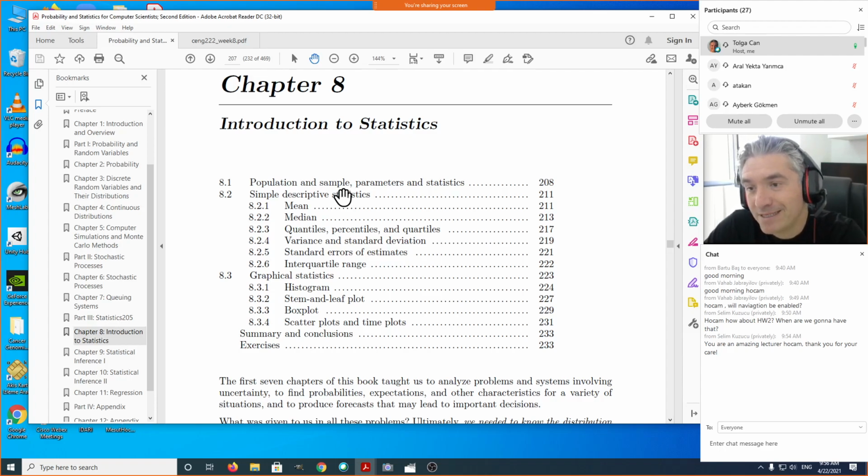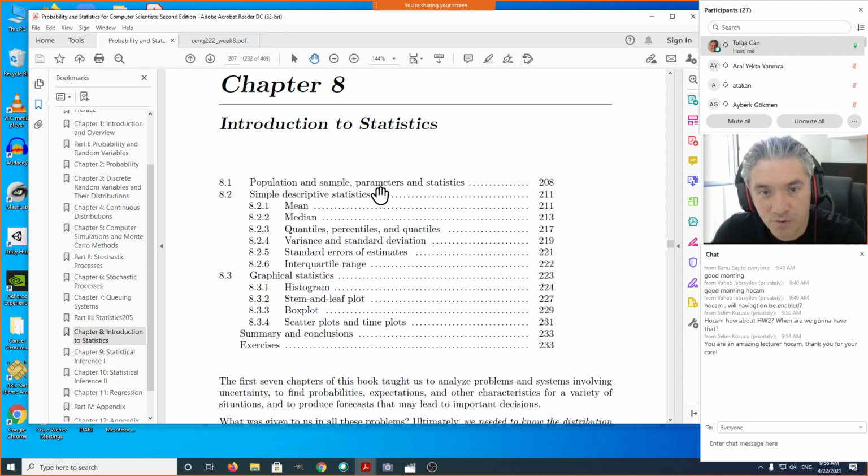For example, if we select 200 students from METU to get some demographic information from them, those 200 students are a sample, and each of those students is a data point.